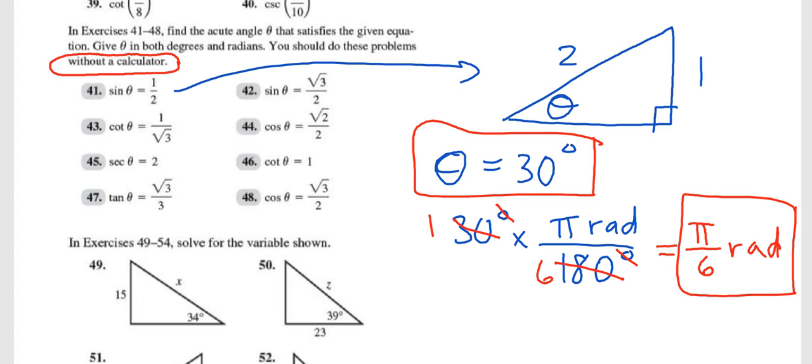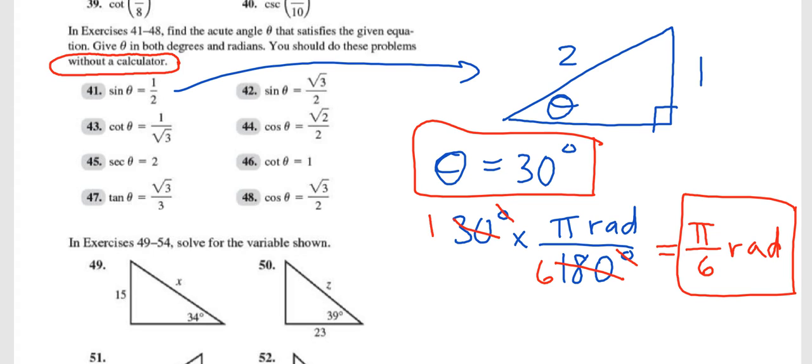Okay. Same thing with that cotangent. Change it into tangent. It would be radical 3. And then take a look at the triangles. Oh, by the way, if it's like 43, if it's tangent radical 3, which of the two triangles do you think we're dealing with? Do you think we're dealing with the ones with all the radical 2s?